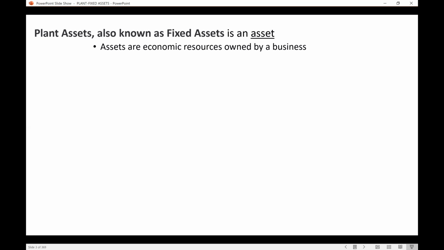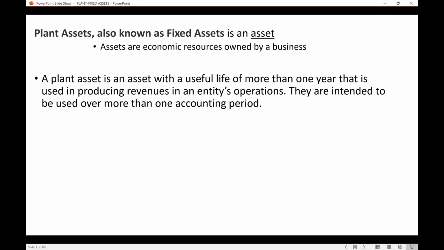So, with that, we're now understanding that there are different types of assets, because last week we looked at financial assets, and those were current assets. So, let's look a little closer at what plant assets are. A plant asset is an asset with a useful life of more than 1 year that is used in producing revenues in an entity's operations.